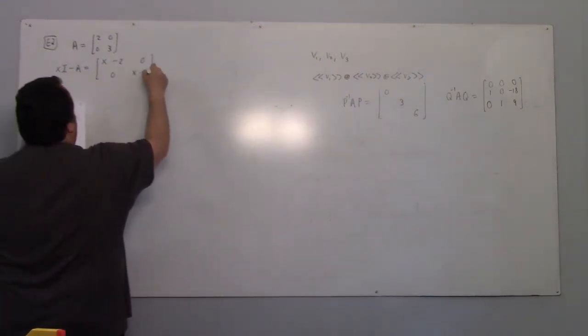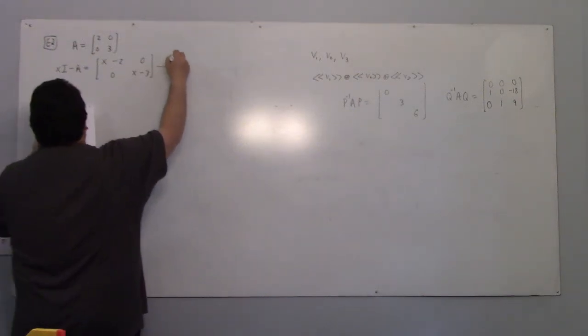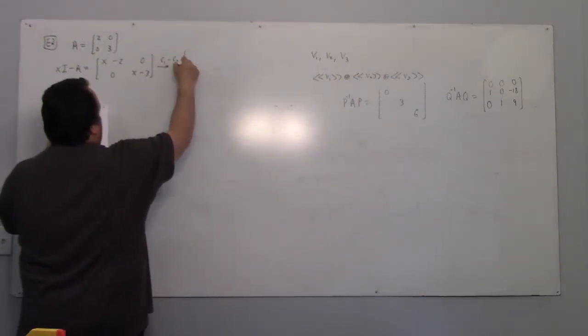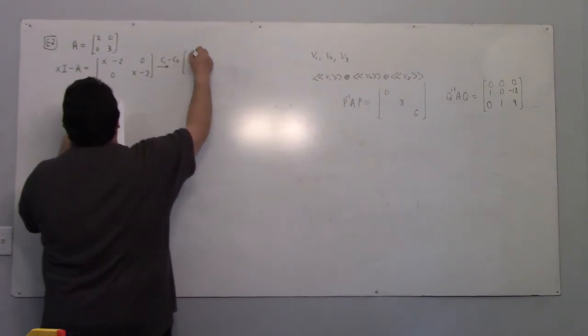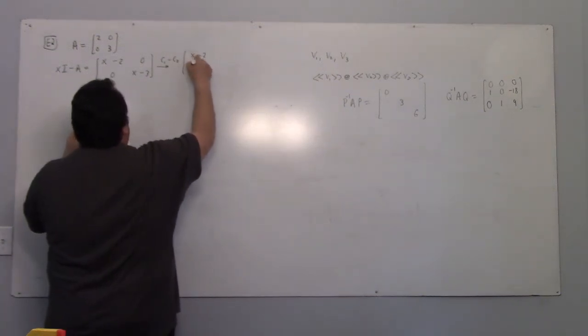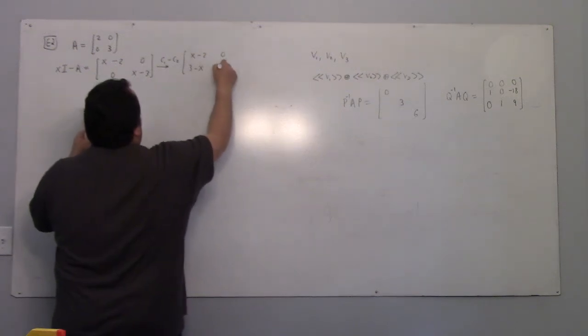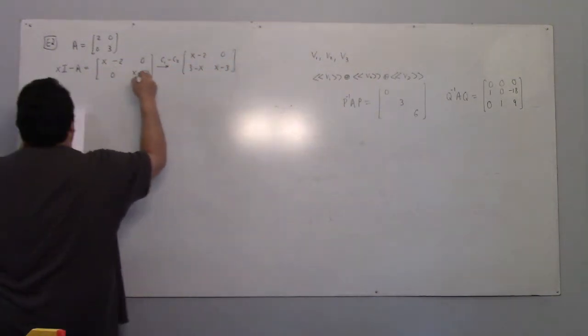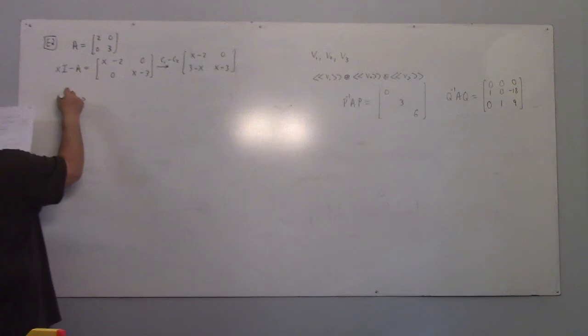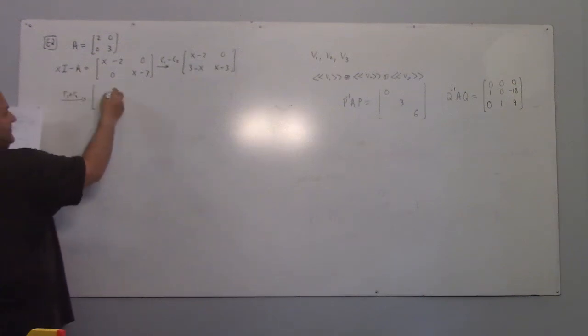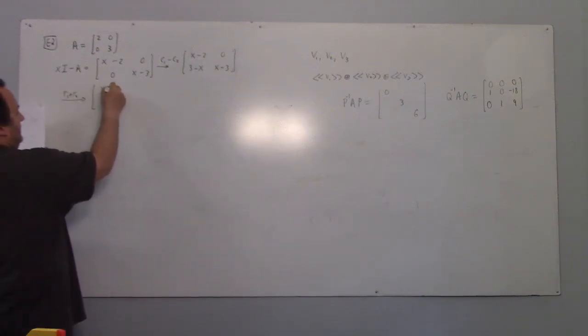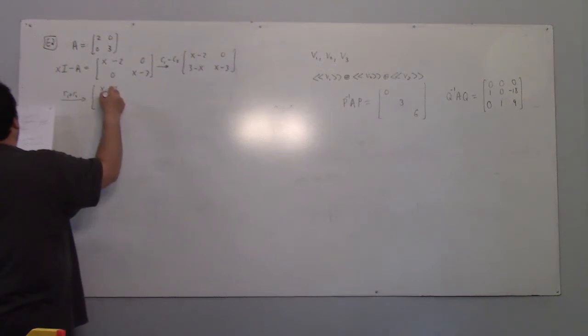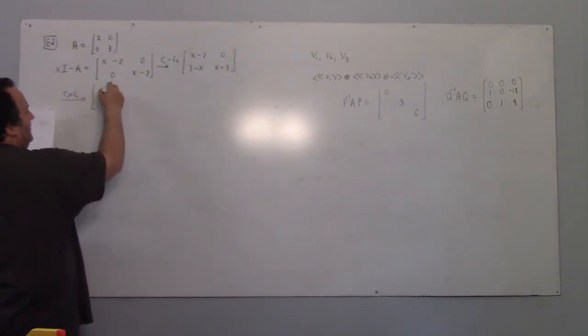So what I did was C1 minus C2, which gave me x minus 2, 3 minus x, 0, x minus 3. Then I added the rows. Cancels the x's, right? I added row 1 to row 1, so that gave me 1.